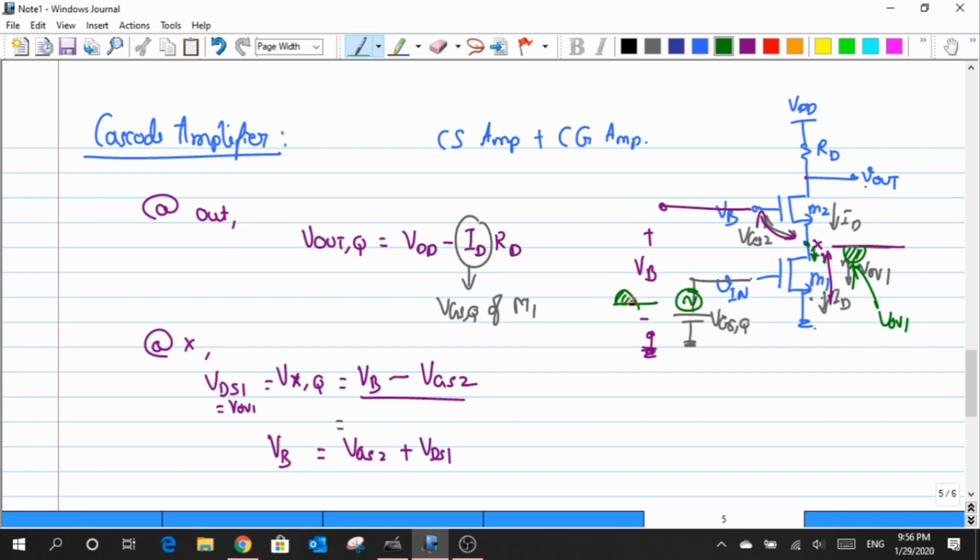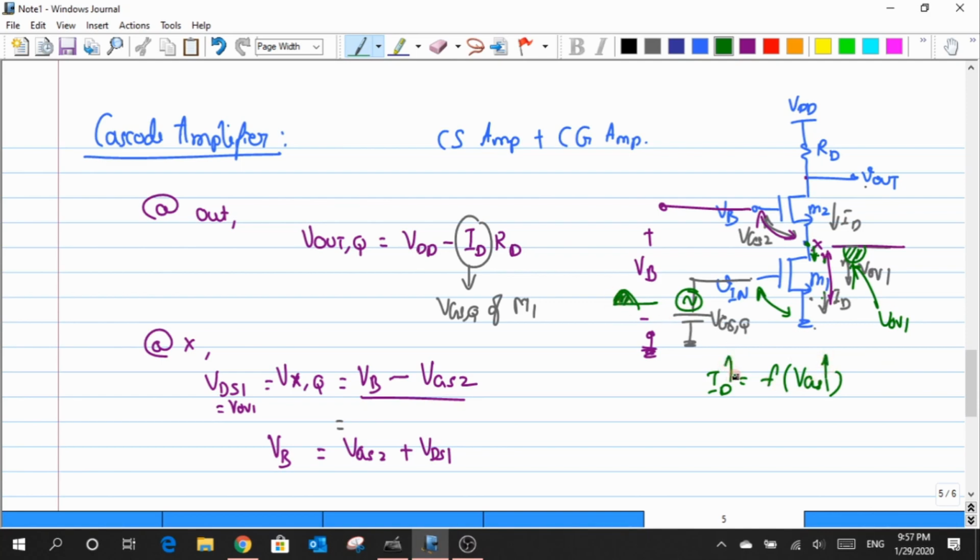Now, the other way to think of the same implication is that when I try to have a positive peak across my input, I'm literally increasing the value of my VGS. So we know that the ID is basically a function of the VGS1. Now, what happens the moment I increase the value of VGS1 because of the positive peak?